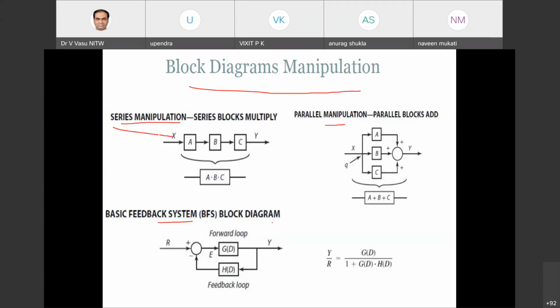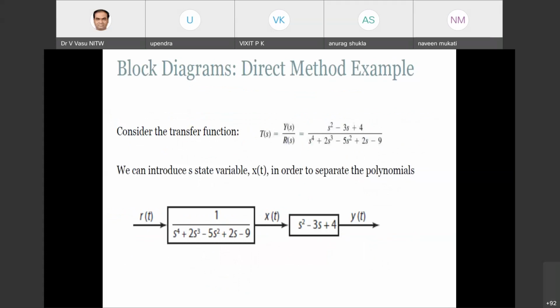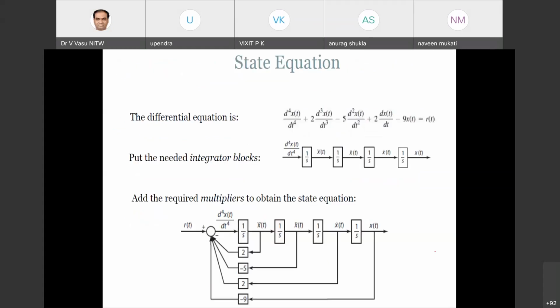The takeoff point reduction technique is also one of the reduction techniques used for simplification of the block diagram. Once you simplify it, you get a relationship between the input and output. This is the standard block diagram representation.